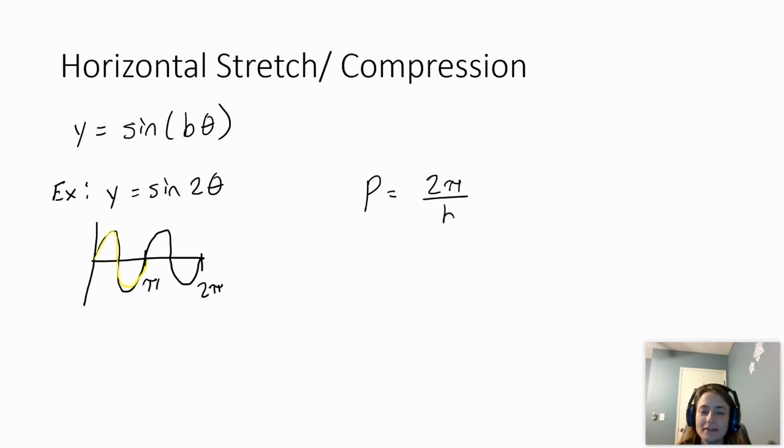The period is going to be 2 pi over b. We can check with this. Our period is 2 pi, the normal period, without any stretches or compressions. We divide it by our b value, in this case 2. 2 pi divided by 2 is our new period, pi. So it compresses the sine graph so that one period is now shorter, just pi.